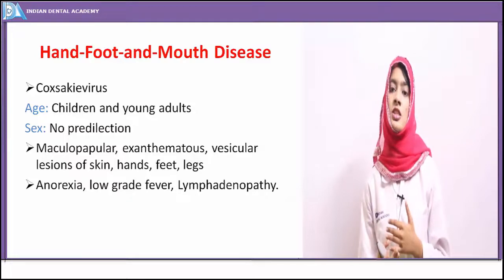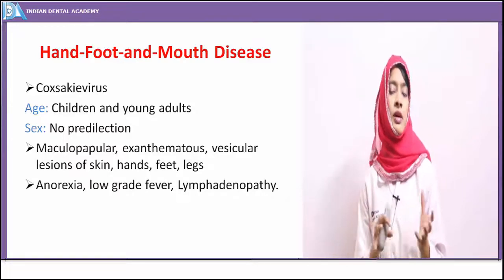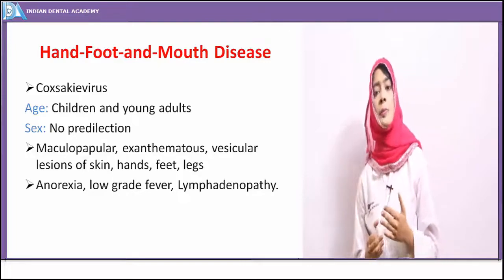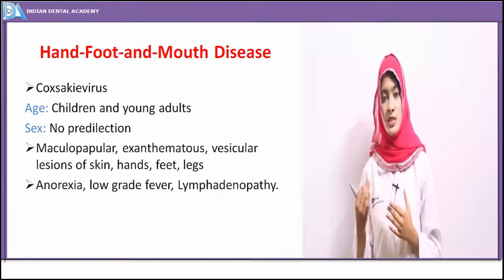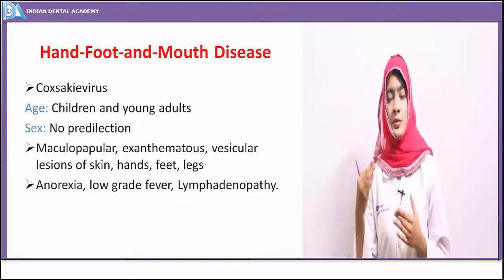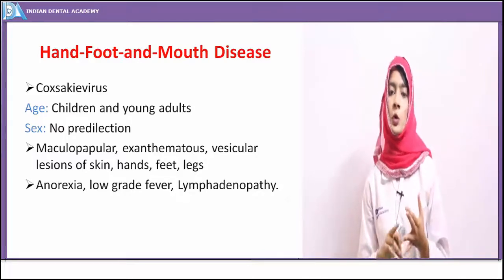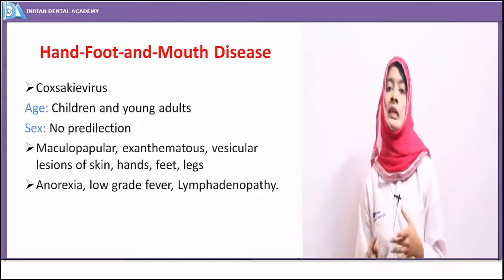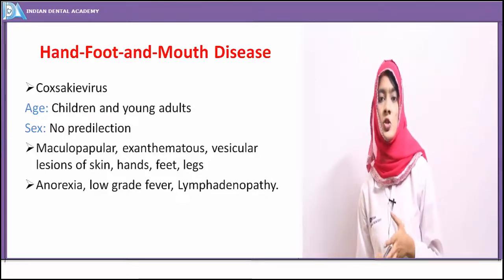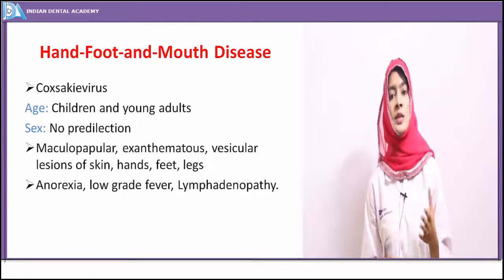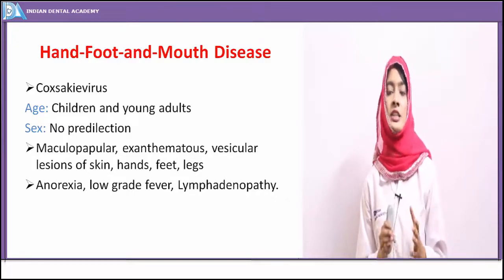The clinical presentation is vesicular: exanthematous, maculopapular and vesicular eruptions may be seen. Before the development of eruptions, prodromal symptoms may be seen: anorexia, low-grade fever, malaise, lymphadenopathy, and sometimes pharyngitis. Hand, foot and mouth disease typically occurs in children and young adults.